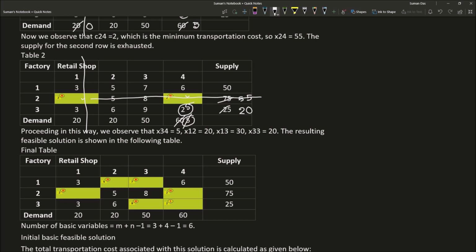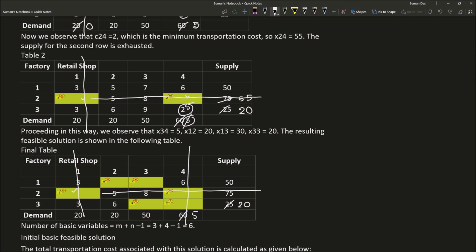So we proceed to the next table that has already been allocated, and we have already allocated the cell value here.